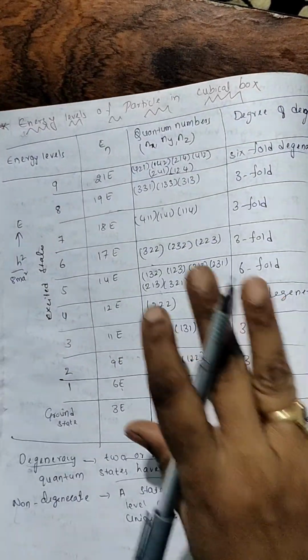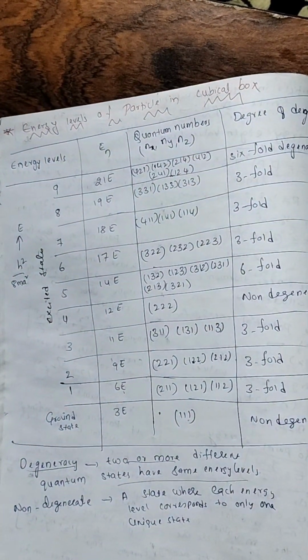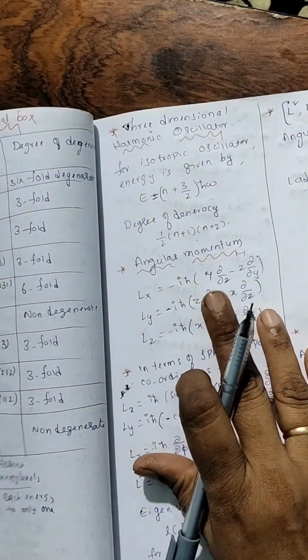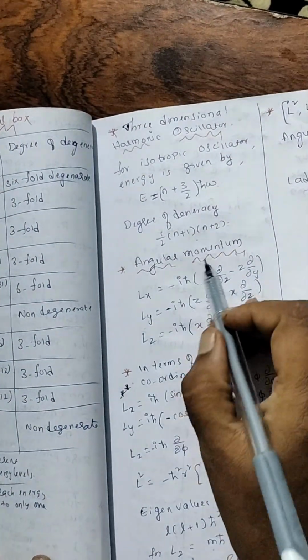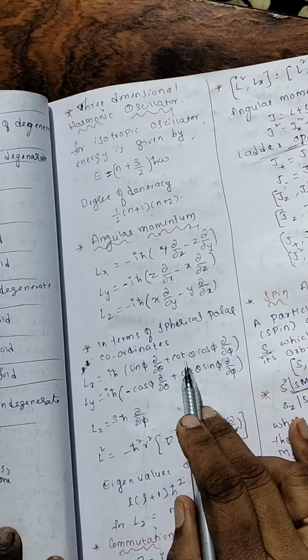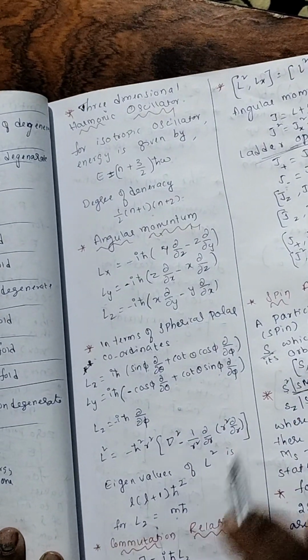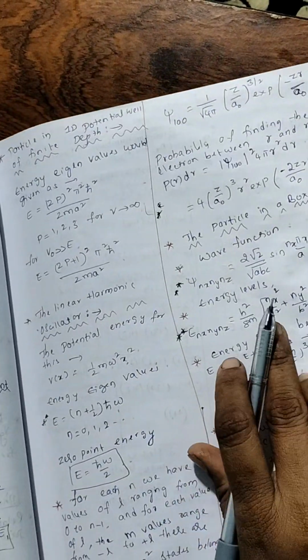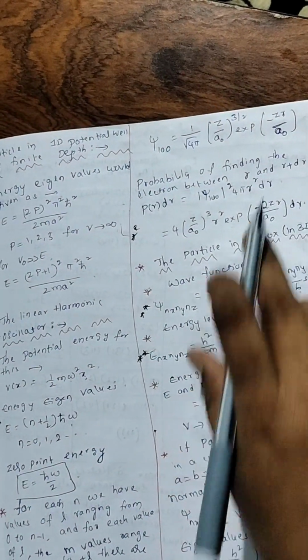Okay. So practice this energy level of a cubical box. Now these formulas many times he repeated. Okay, that is angular momentum, spherical polar coordinates, commutation relations. Now angular momentum in general. Now next, the energy level formulas he repeated many times.